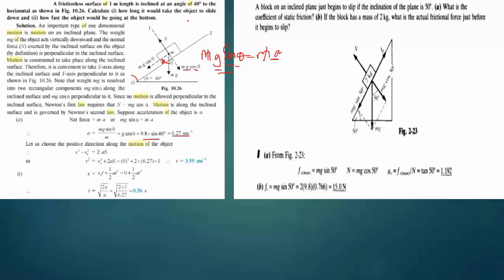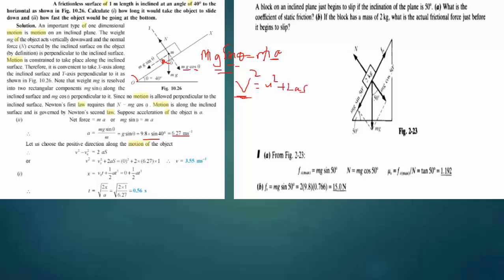So how long would it take? We start by using Newton's equations of motion. At first we have the distance. We can use the third equation because it starts from rest, which says v squared is equal to u squared plus 2as.